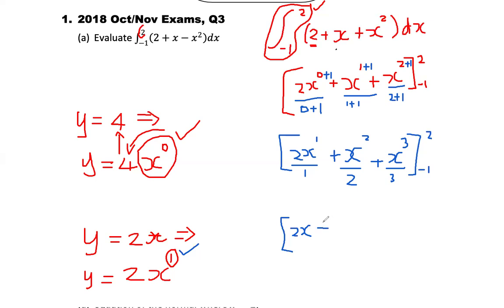No. It just remains like that. And here we have x squared over 2, plus x cubed over 3, and the limits that we have are 2 and -1.